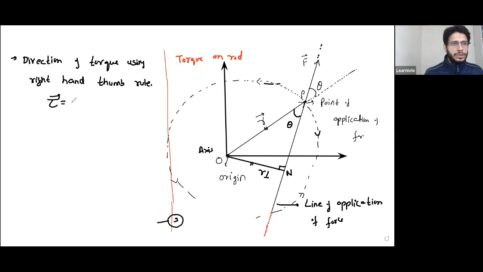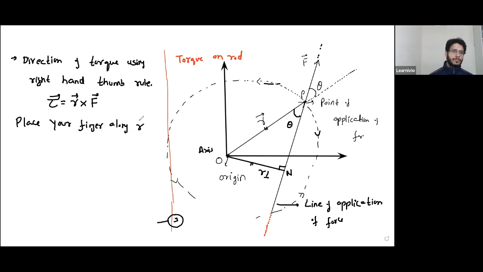So this is your torque tau, which is R cross F. The next right hand thumb rule says, place your finger in the direction of first vector, that means R, place your finger along R and curl it towards F. Thumb will give you the direction of torque.